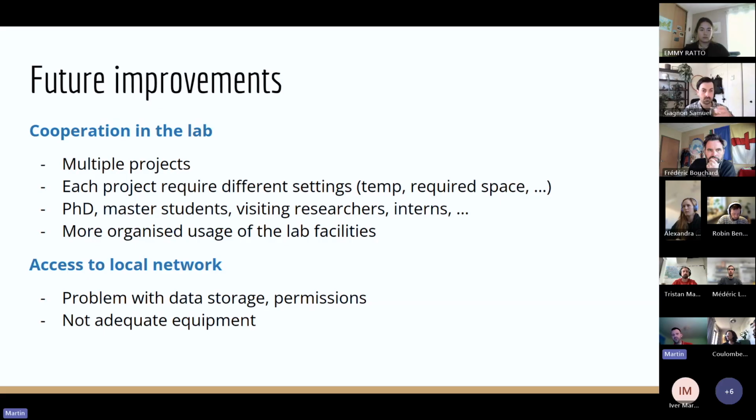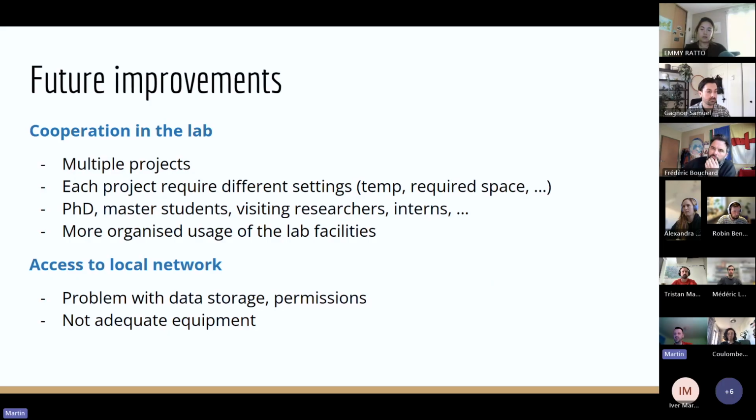There were some things which could be improved for the future, and the main one is the cooperation in the lab, because the lab itself was quite small, and sometimes there were a lot of projects happening at the same time, and also this cold room we were working in required different settings for different projects.